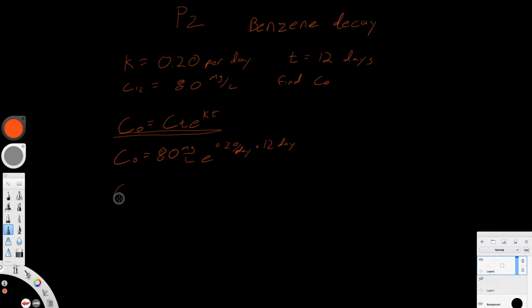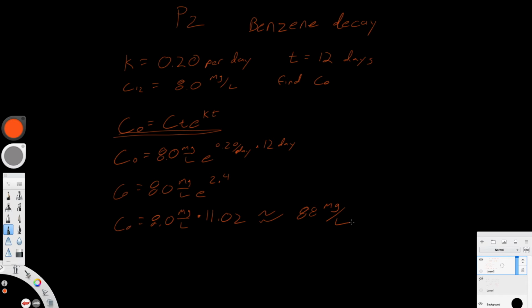And so this is going to be 2.4, and then this becomes... so basically our C0 is going to be about 88 milligrams per liter in this case. Okay.